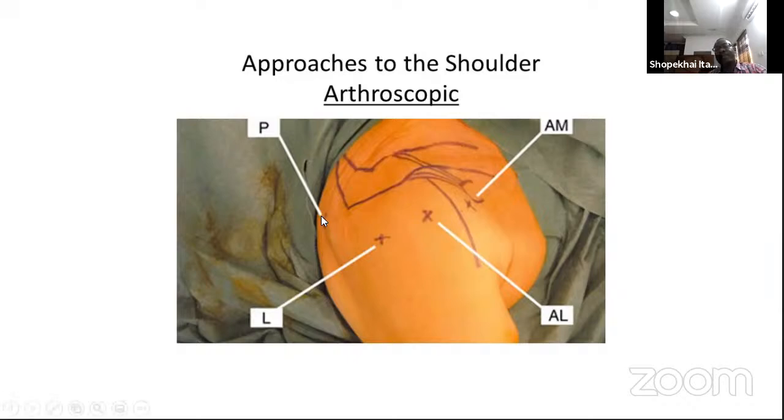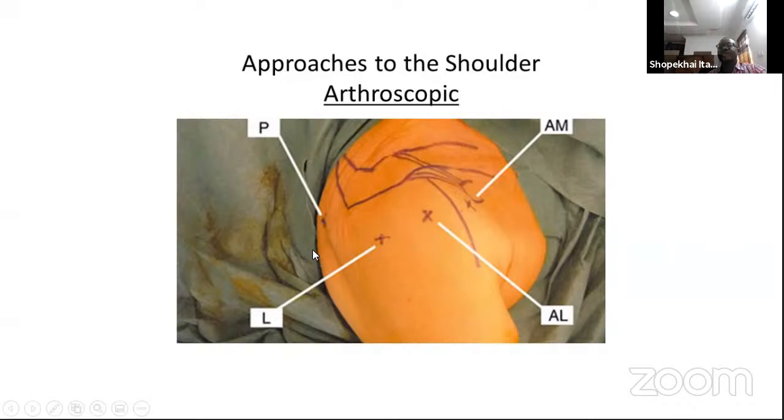And then bluntly push the trocar, directed at the coracoid anteriorly. When you do that, you aim into the glenohumeral joint, and you feel a typical give as it gets into the joint.